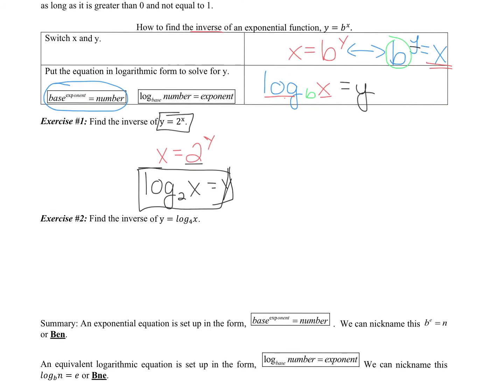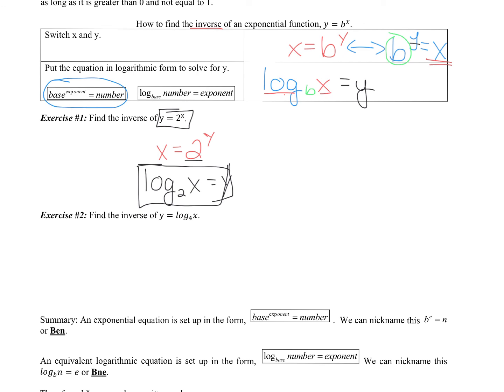So here's another one, find the inverse of y equals log base 4 of x. So now we're starting with a logarithmic equation. We're finding the inverse, so we're still switching x and y. Okay. Now here, we're going to peel it back.